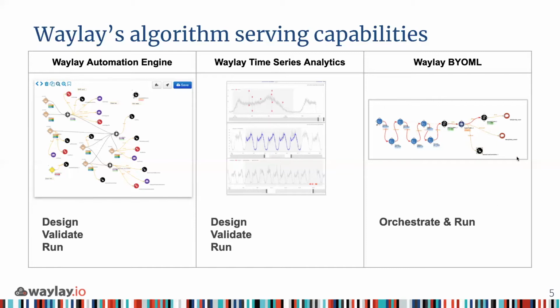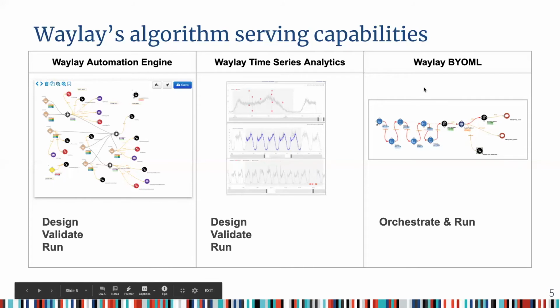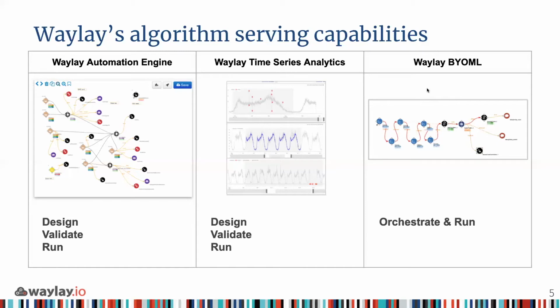Okay. What I'm going to talk about next is Waylay's algorithm serving capabilities. In case, for example, you're doing your algorithm design and training in a Jupyter notebook. We have customers that are using Jupyter notebooks on their own clusters of machines locally within their own company, or they just do it on their PC because it doesn't really require that much data.